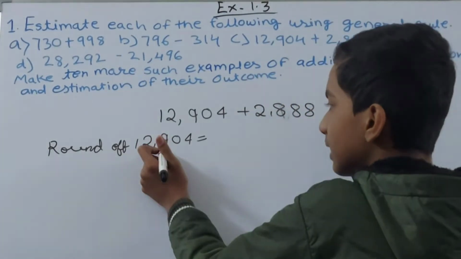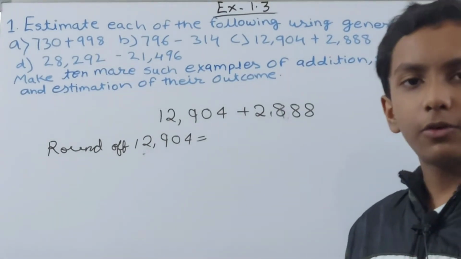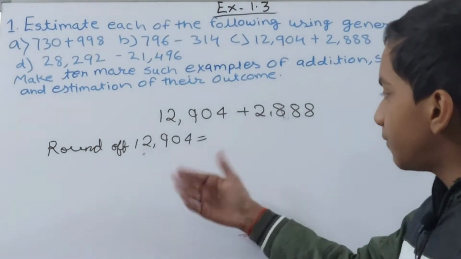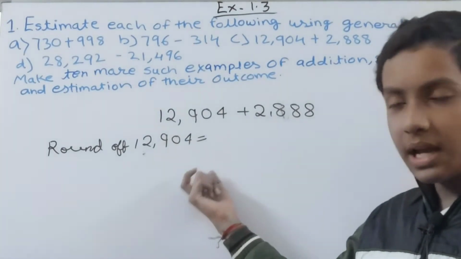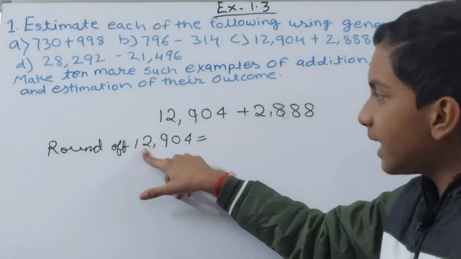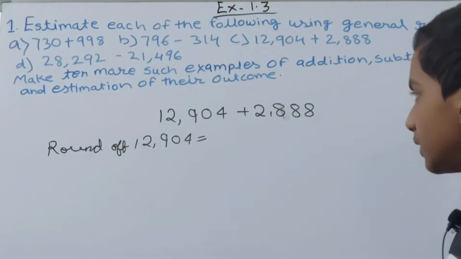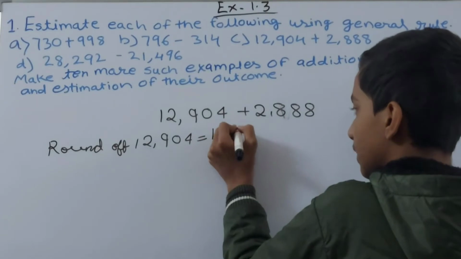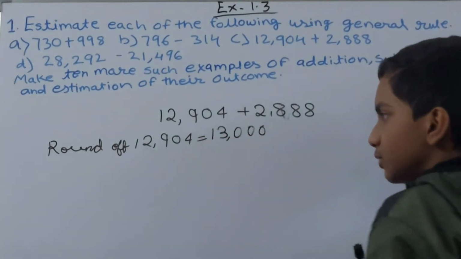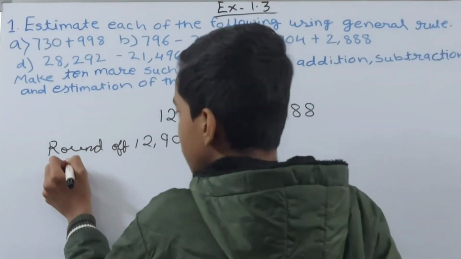So we have 9 here. 9 is of course coming after 4. So that means these 3 places after the thousands place will turn to 0, and we will add 1 to 12. So 12 plus 1 is 13, and 3 zeros after it. So that is 13,000.